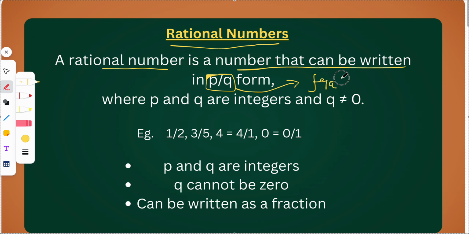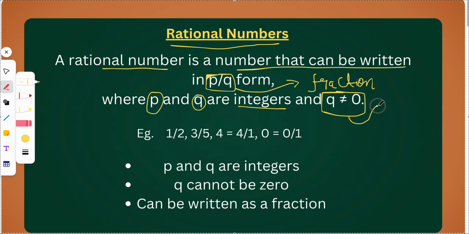A number that can be written in fraction format is a rational number, where p and q are integers, and q should not be equal to 0.